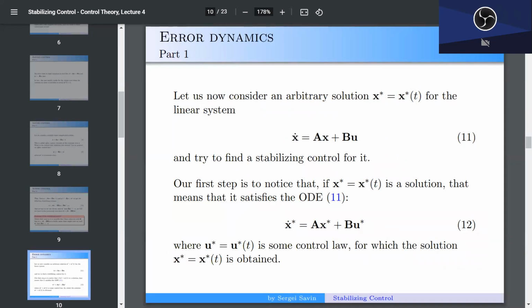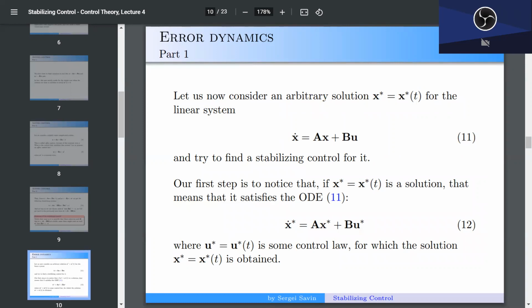Right. Now, let us consider the following situation. And we cannot see anything on the blackboard, so I will write it. So let's consider the following situation. You have x dot equals ax plus bu, your typical linear control system.